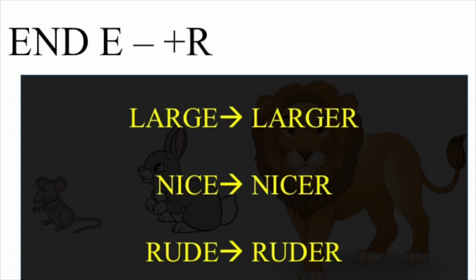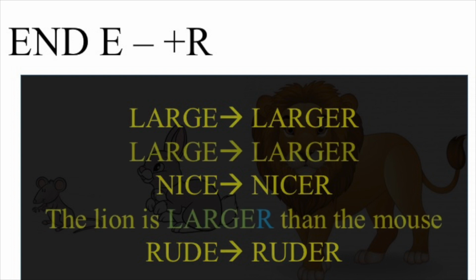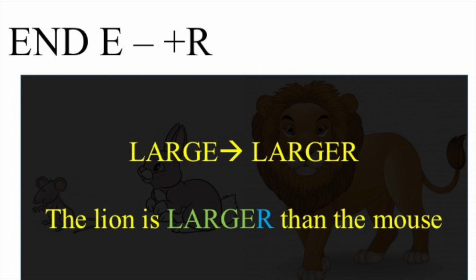Now, if we already have E on the end, we don't need a second E. We just add R. Look at large. What's the last letter on large, guys? The last letter is E. So we simply add R. Large, larger. Nice, nicer. Rude, ruder. The lion is larger than the mouse.